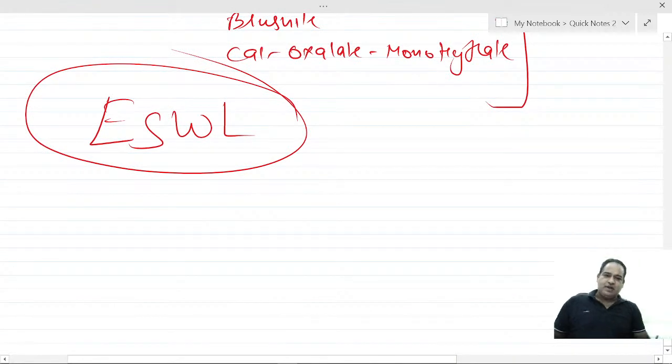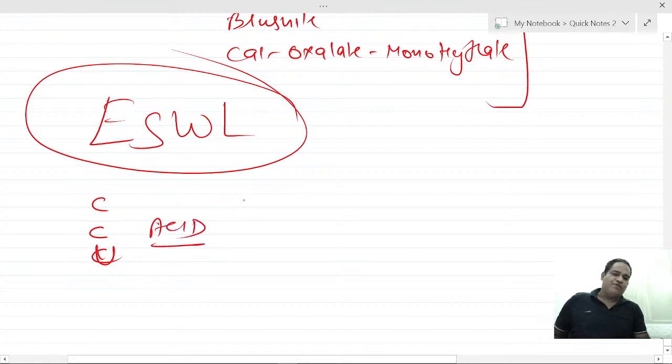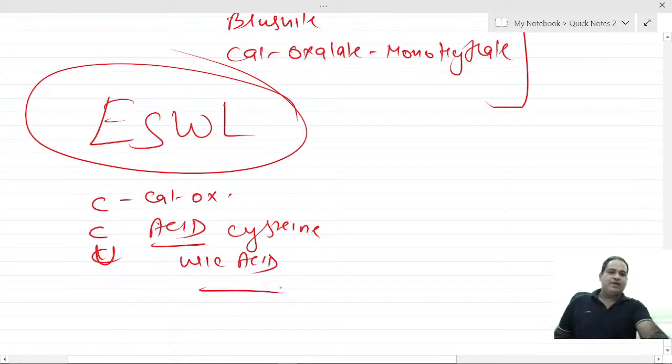You might want another mnemonic there, CCU. CCU are the stones which are formed in acidic urine: calcium oxalate, cysteine, uric acid.